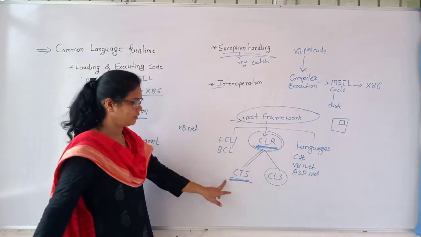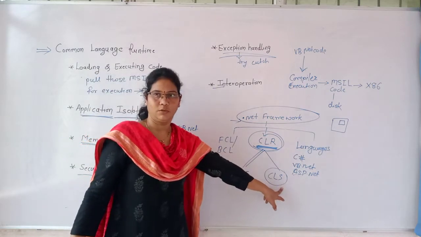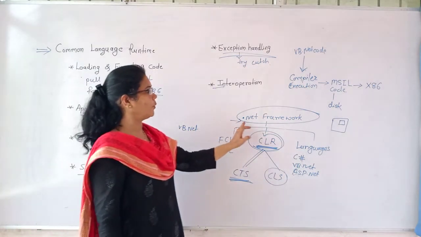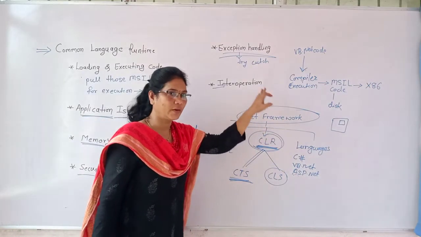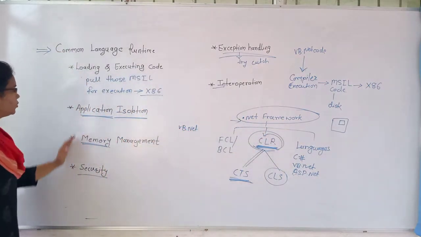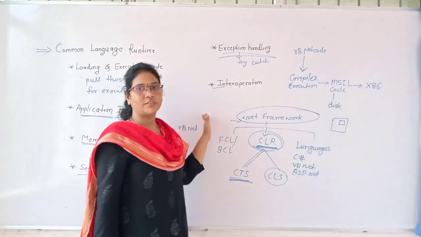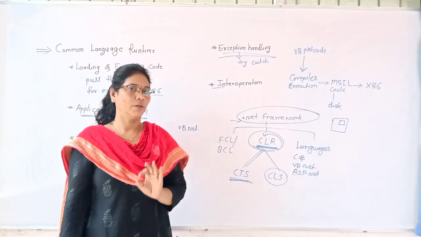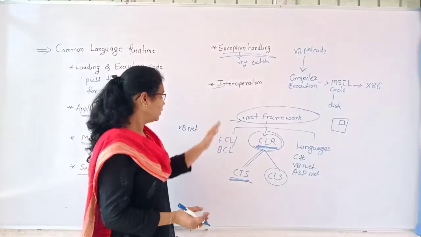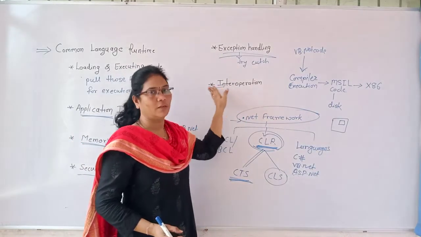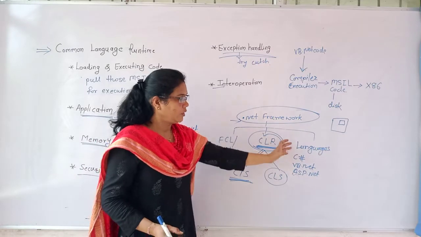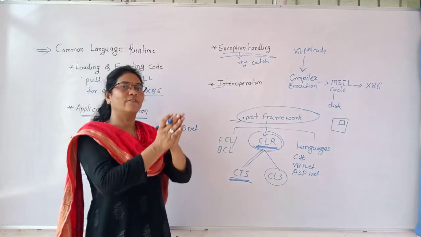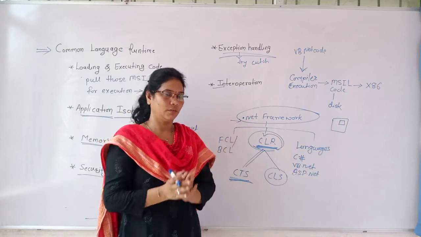Why? Because it has CTS and CLS. Those are the components provided by the .NET Framework, and CLR has those functionalities. That's why it has become more popular for application development. So interoperation means that when we create a business application, the language barrier is not there.